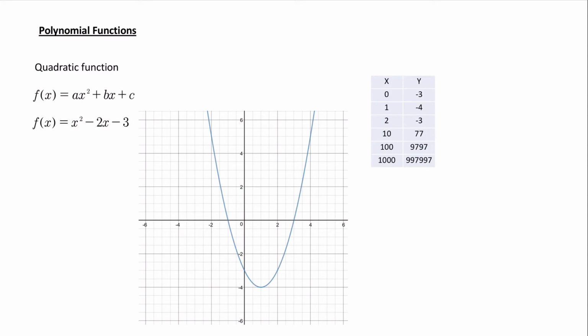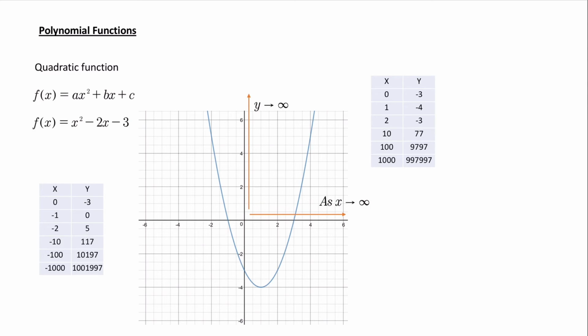Now, let's substitute the same values for x that we did in the previous function. Notice that the y values are again increasing. So again, we can say as x goes to positive infinity, y also goes to positive infinity. Now, substituting the negatives of these values for x, we see that y is not going to negative infinity this time.